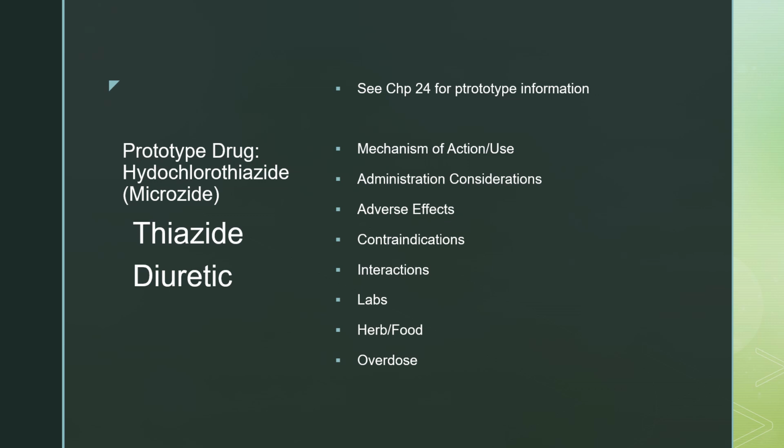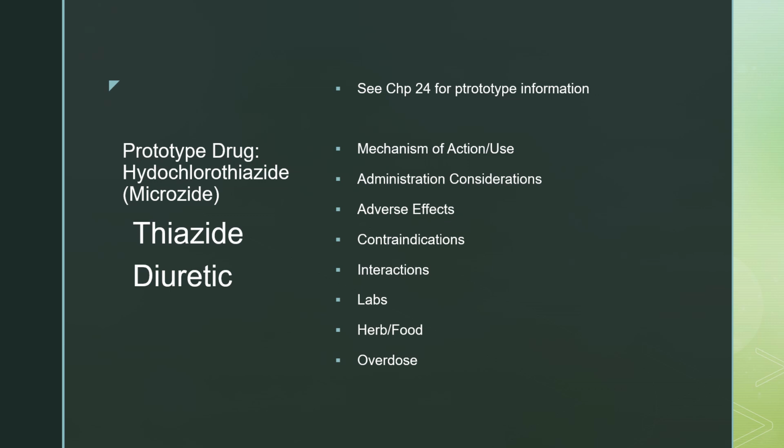It's approved to treat ascites as well, edema, heart failure, and high blood pressure. And again, HCTZ is a common abbreviation that we recognize with this. However, please be mindful of the use of abbreviations because it can be confused with hydrocortisone.